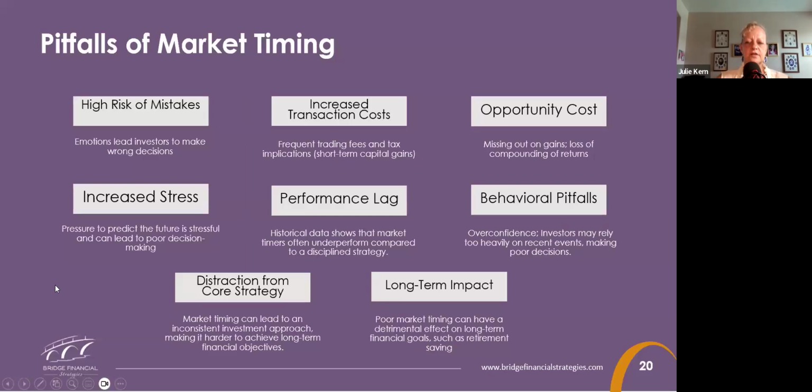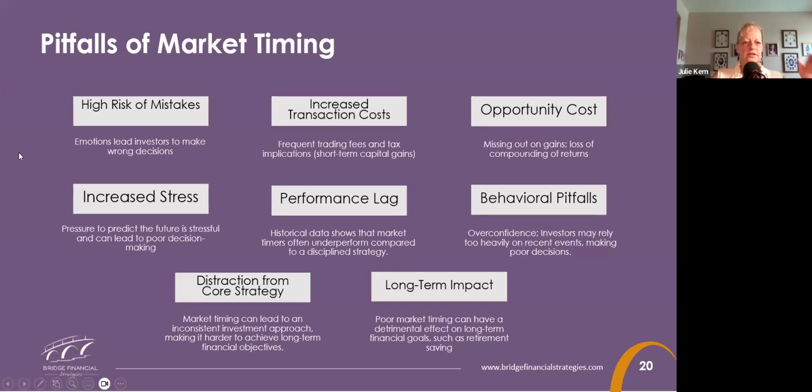These are just a handful of the pitfalls associated with market timing. You have a high risk of mistakes, increased transaction costs because you're trading more often, and the opportunity cost, like I mentioned, of missing out on that market recovery and on the compounding of returns. I'm not going to be speaking specifically to compounding of returns, but it really is an important part of investing.